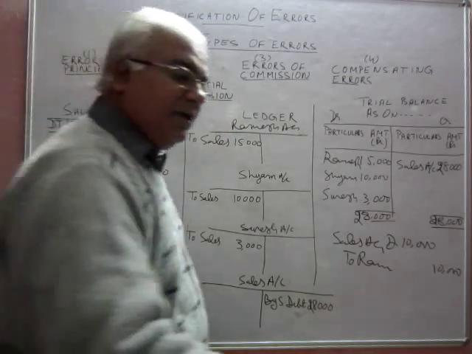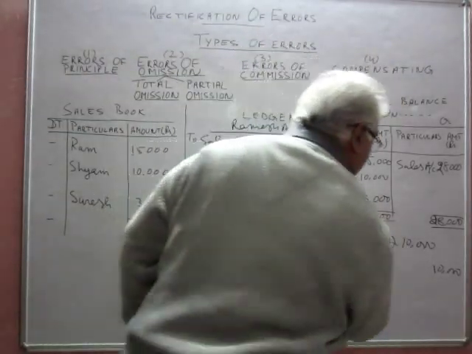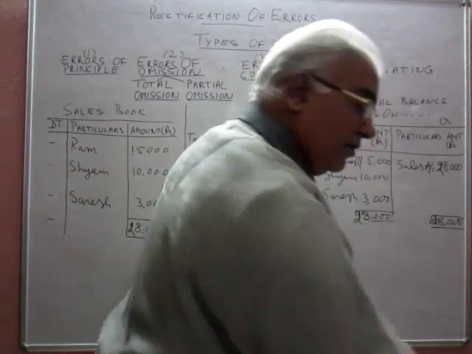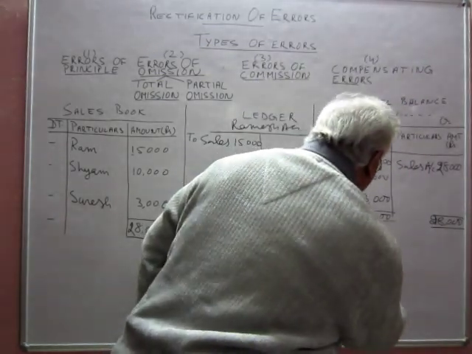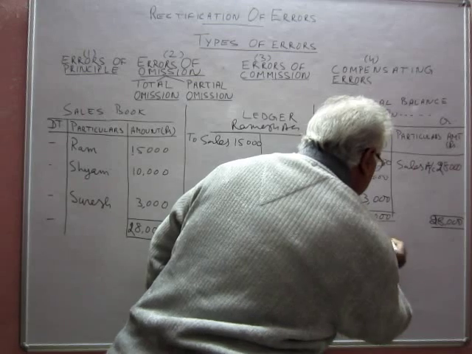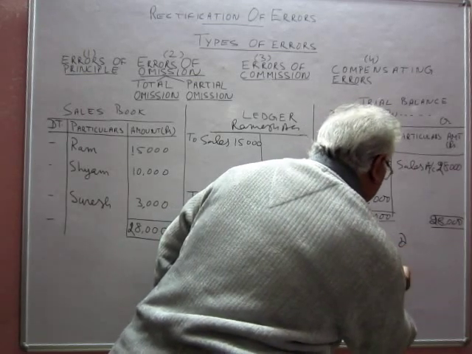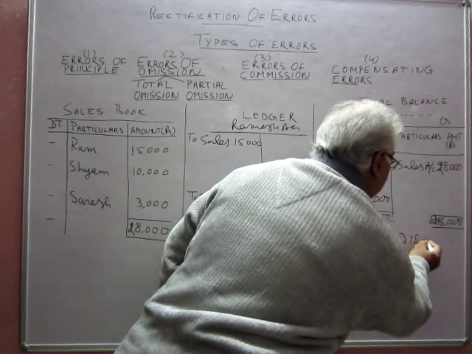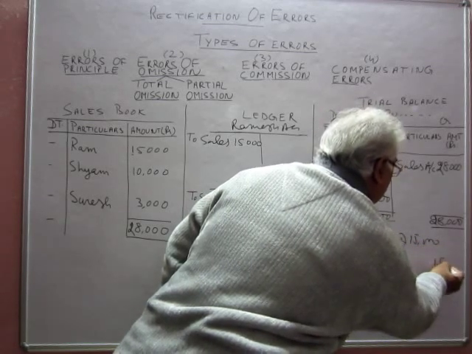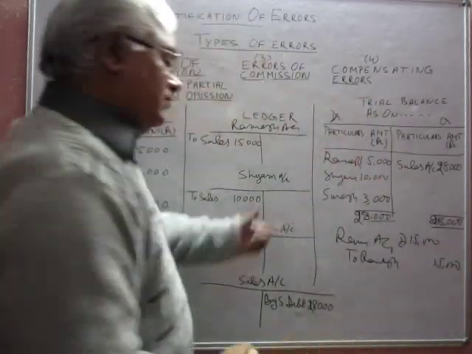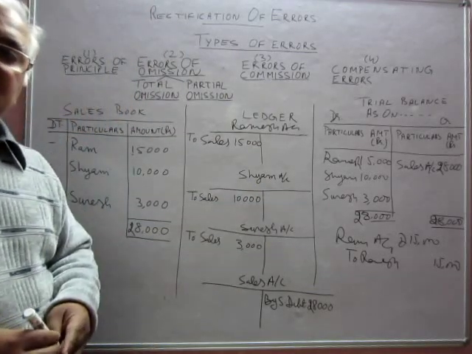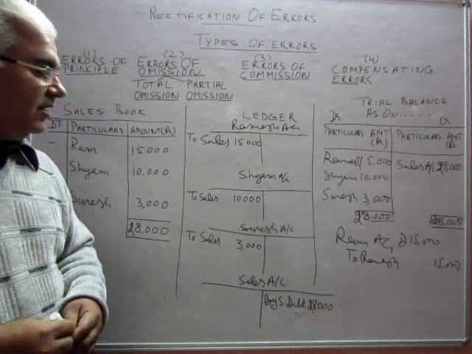So your entry should be: Ram account debited to Ramesh, 15,000. It is as simple as that, right?